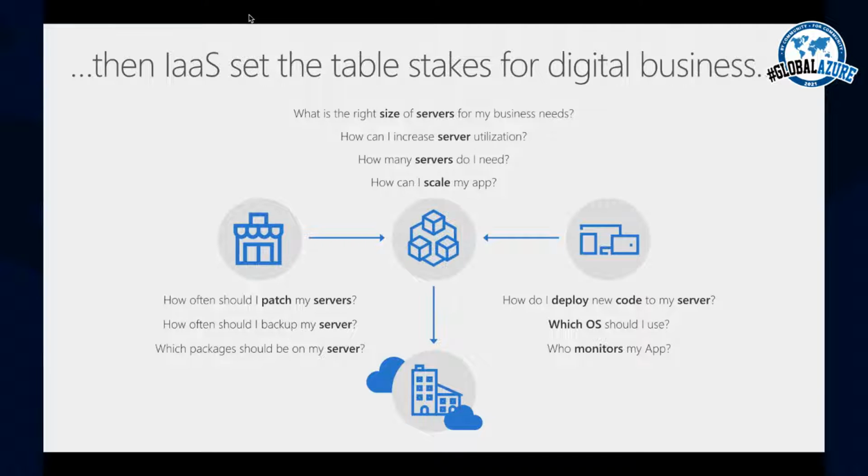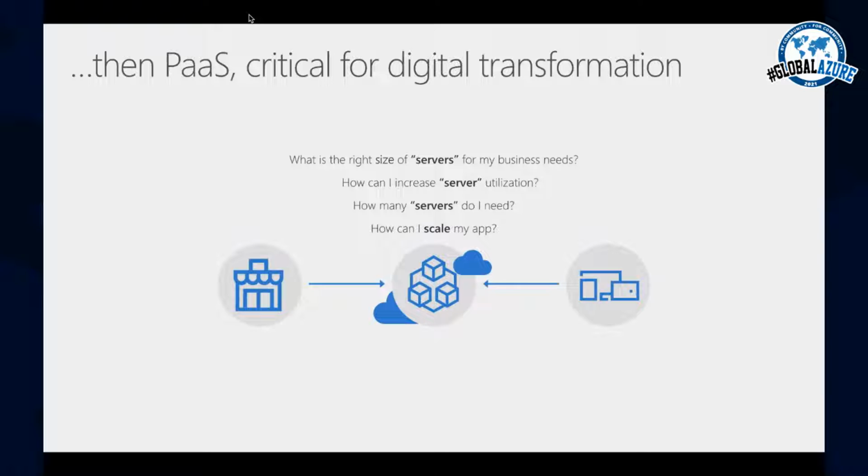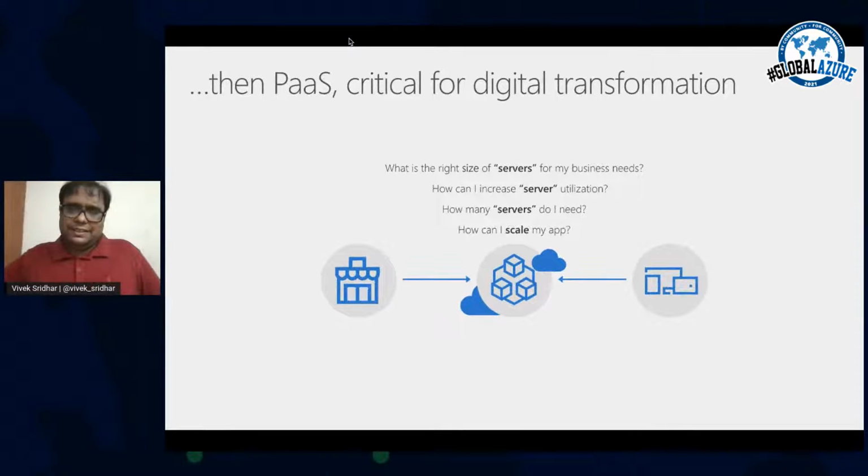But yet there were so many questions to be answered, and the PaaS layer actually came into the picture when digital transformation happened. We wanted to build fast, deploy fast, and go to market fast. It was an easy way to package and deploy your applications, but still there were a couple of things.